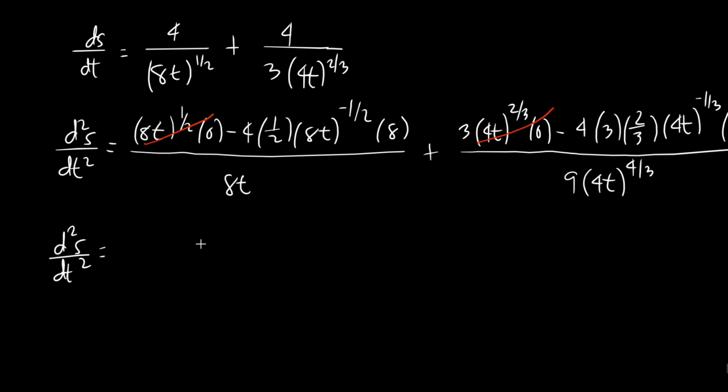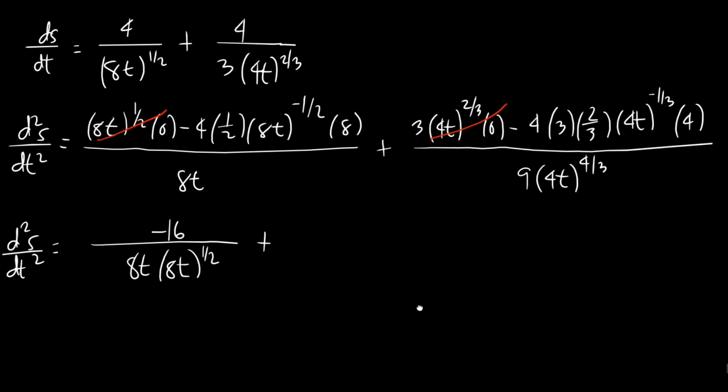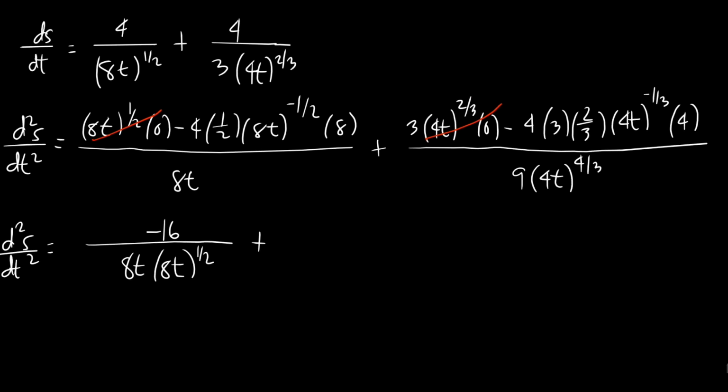So 2 times negative 8 is negative 16 all over 80 times 80 raised to the power of 1/2, plus, so the 3 will be cancelled. 4 times 2 times 4 is negative 32 all over 9 times 40 raised to the power of 4/3 times 40 raised to the power of 1/3.